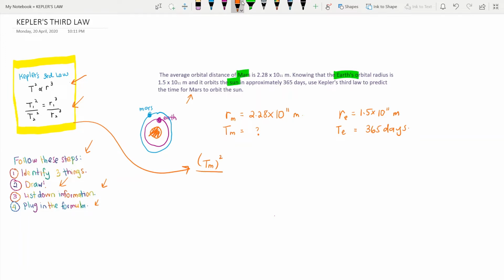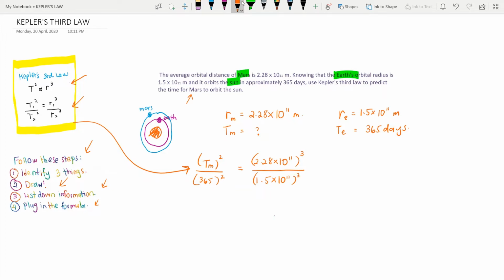And then T2, okay, which is the orbital period of Earth would be 365 days square, is equal to R1, which is R of Mars, 2.28 times 10 to the power of 11 cube, okay, divide by R2, which is the R of the Earth, so 1.5 times 10 to the power of 11 cube.